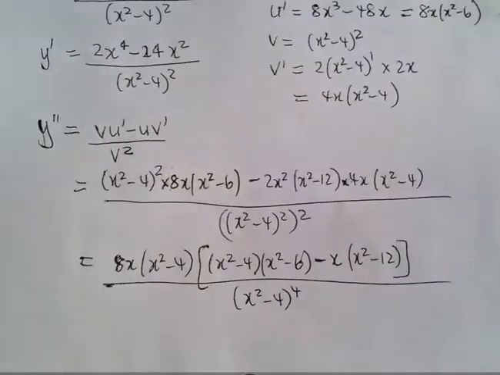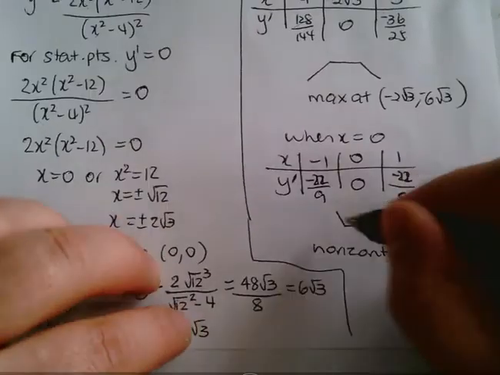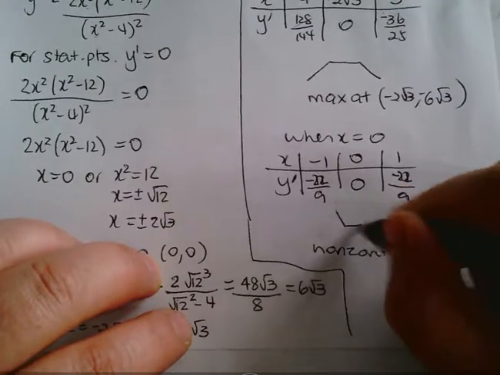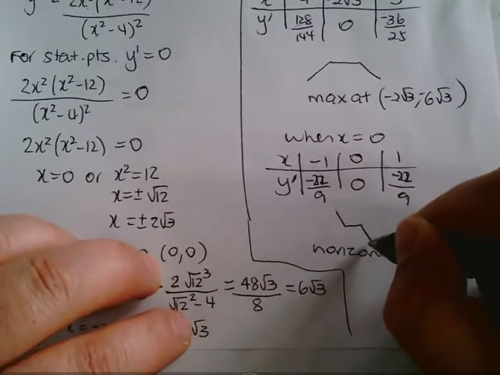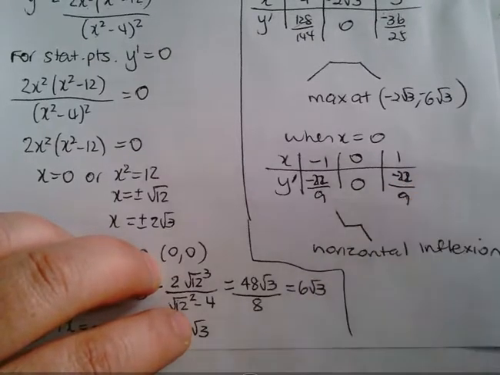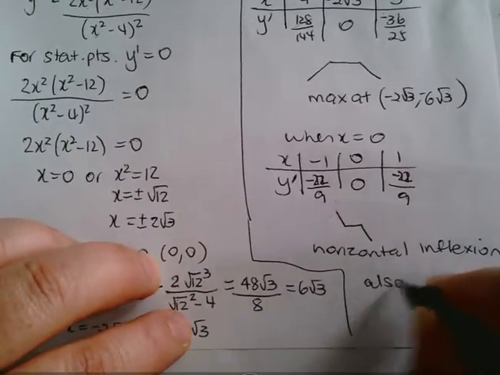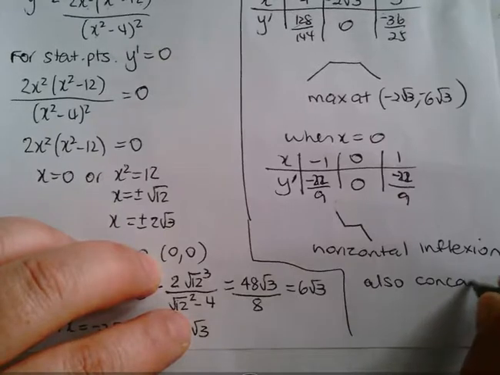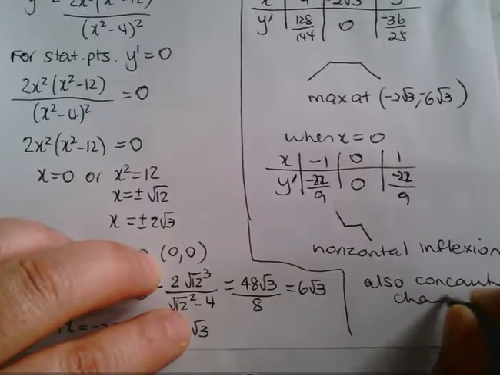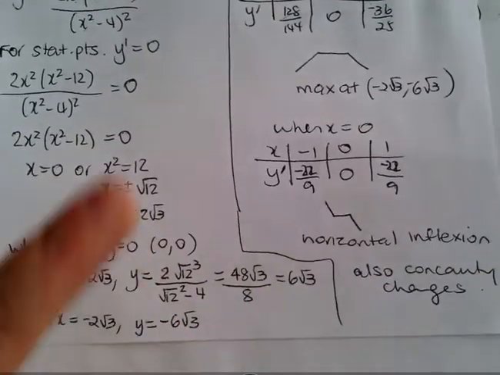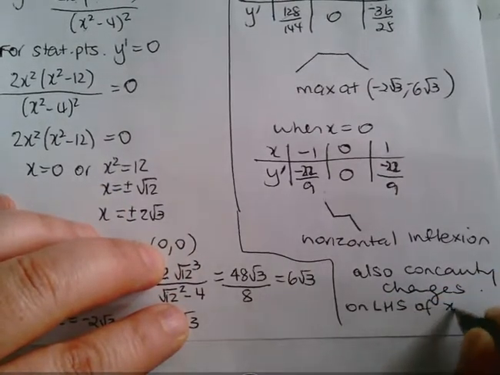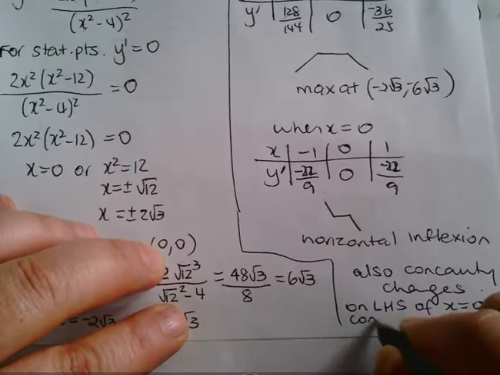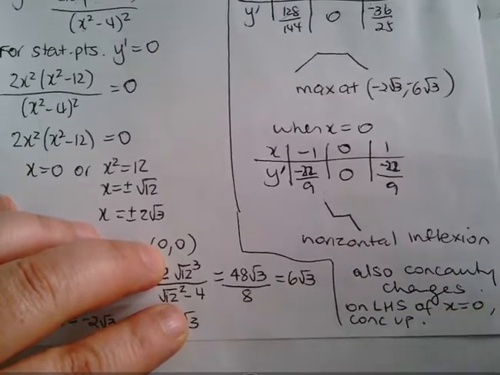So what we could do back here, you know how the curve goes like this? I can see a concavity change there, can you? Concave up, concave down. Do you know what I mean? There is concavity change. You can say on the left-hand side of x is 0, you've got concave up. Can you see that?